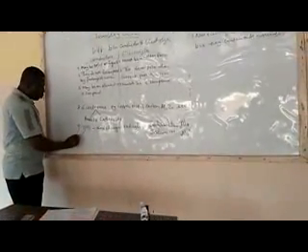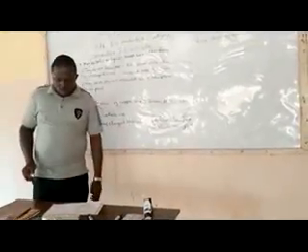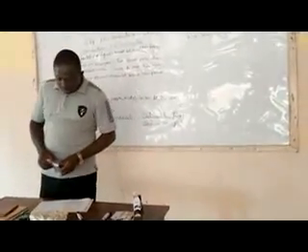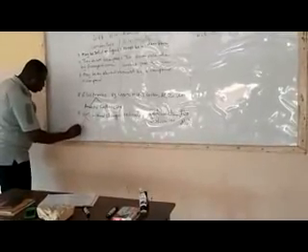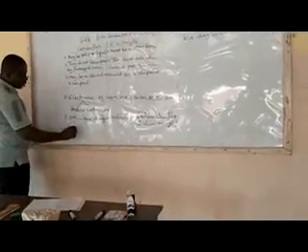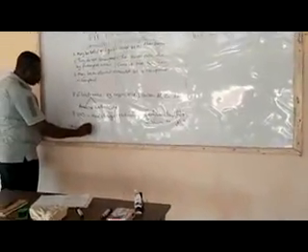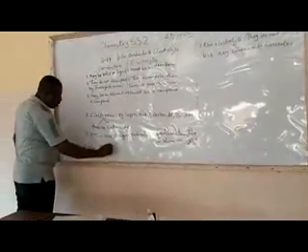So again, ions are of two types. When they are positively charged, they are called cations, positive. When they are negatively charged, they are called anions, negative.